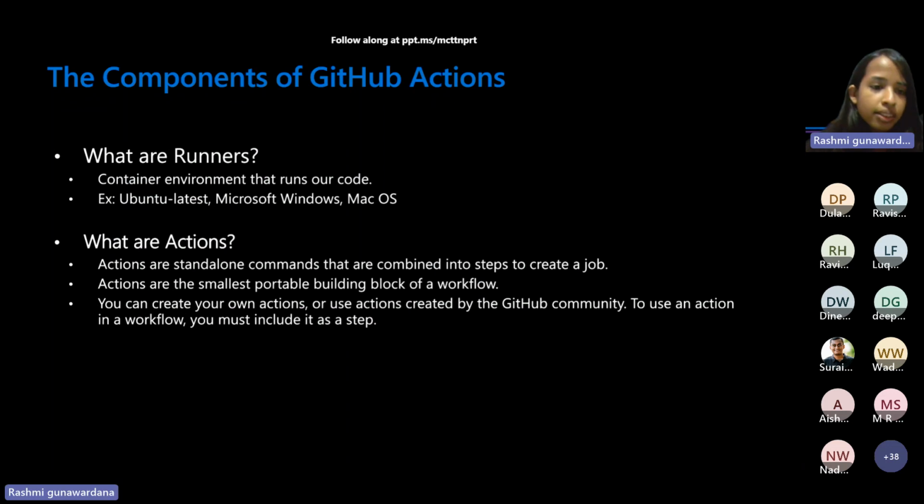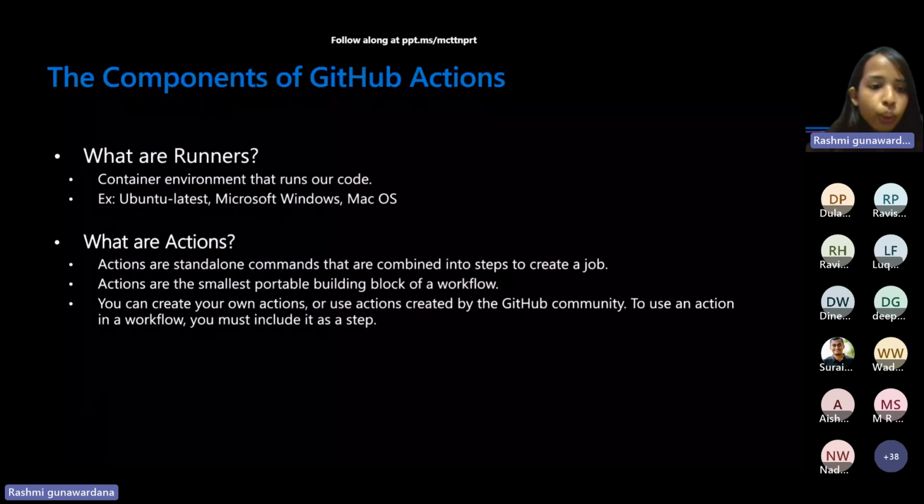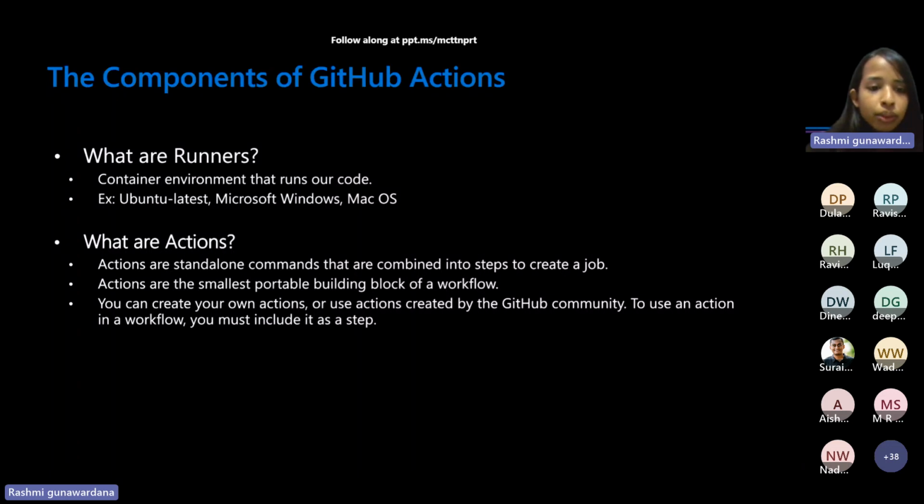And then there are runners. Runners are simply the container environment that runs our code. By container, we mean the working environment, because everything needs a working environment. By default, we can have Ubuntu latest, Microsoft Windows and macOS for these workflows. But there are many other working environments that we can add to our workflows.